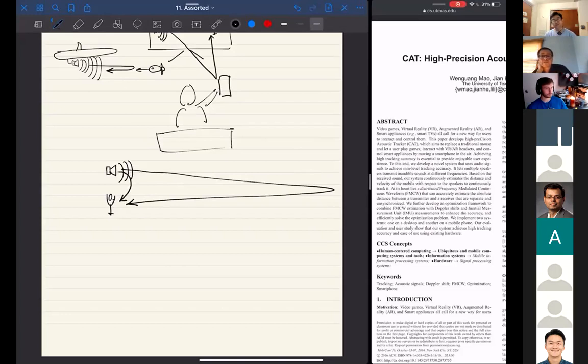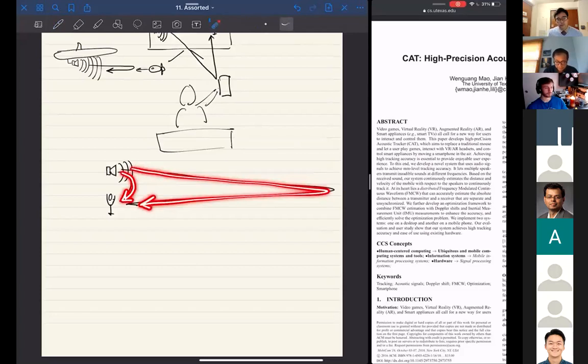Do you agree? So now tell me, between this signal and this signal, which one is more powerful? The direct signal. The direct signal is far more powerful. Why?